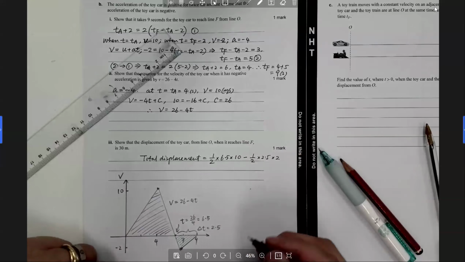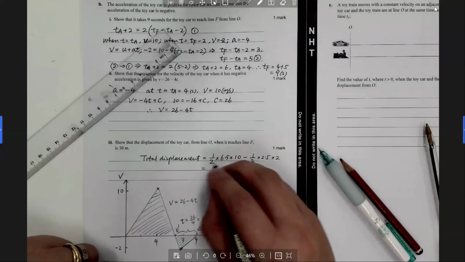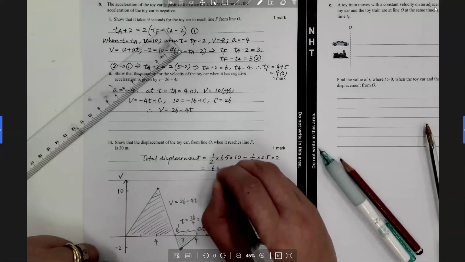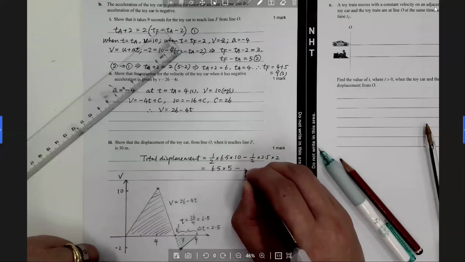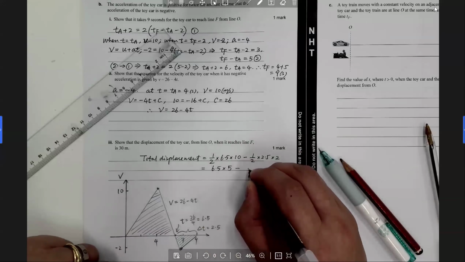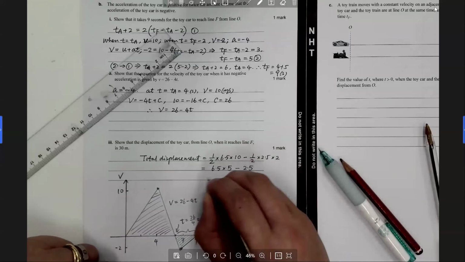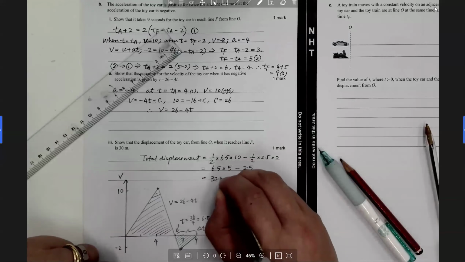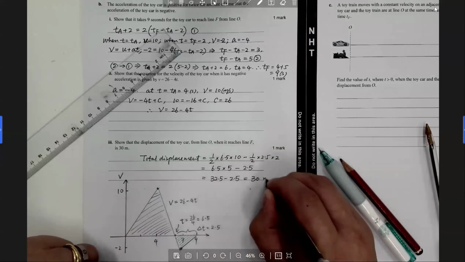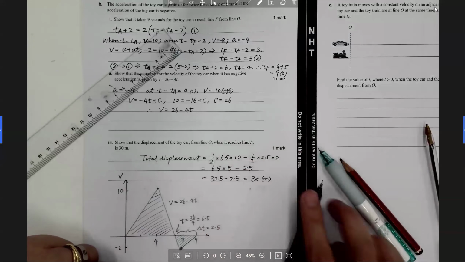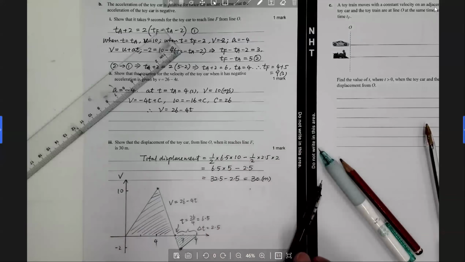Just use the triangles. Then you will get 6.5 times 5 minus 2.5. So you actually get 32.5 minus 2.5, which is 30 meters. Okay, 30 meters. Yep, that is pretty much this part.